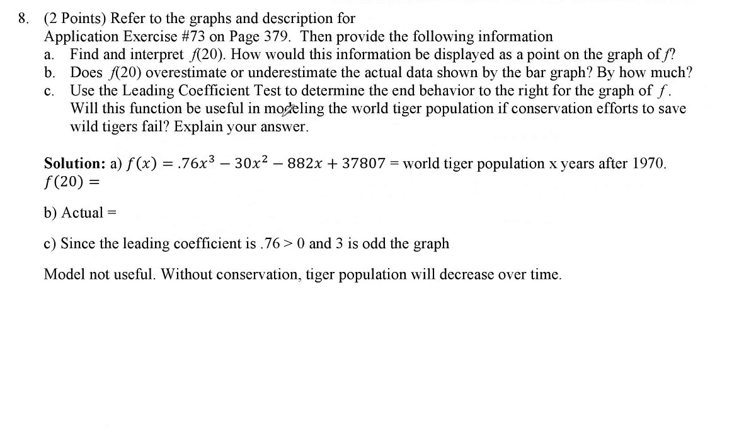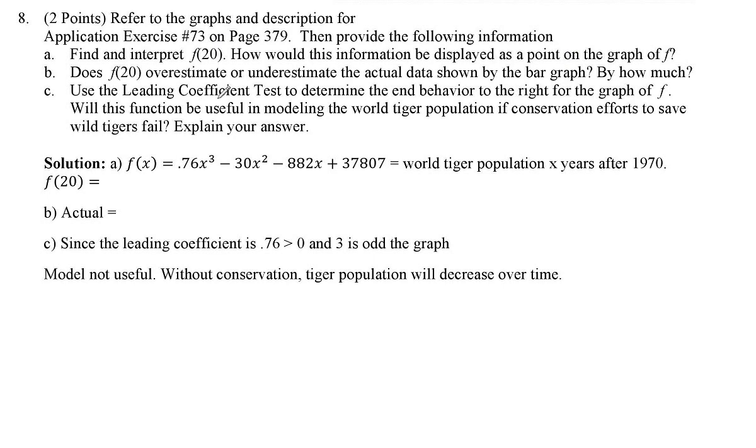Okay, number 8 here refers to the graphs and description for application exercise number 73 on page 379. And we're going to provide the following information. So we want to find and interpret f of 20, and how would this information be displayed as a point on the graph.